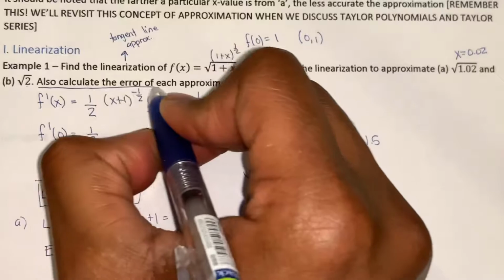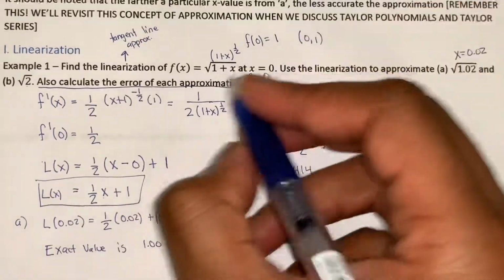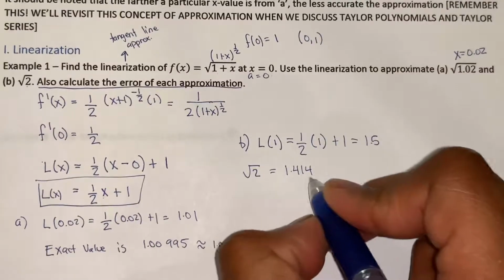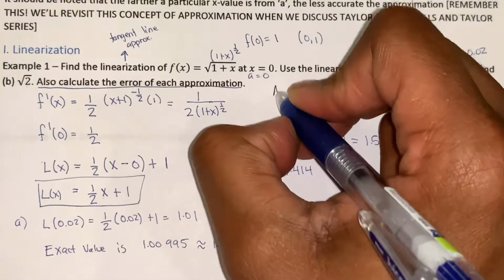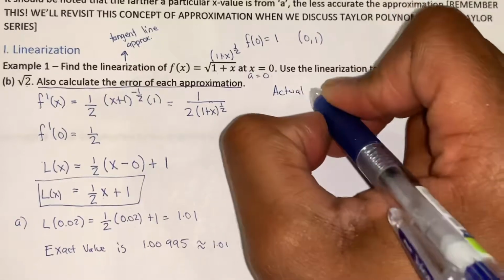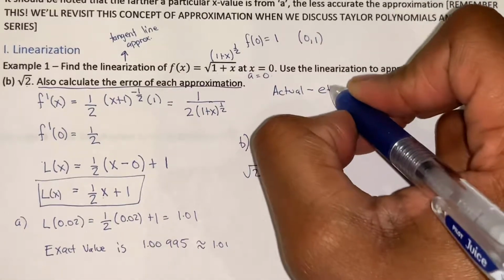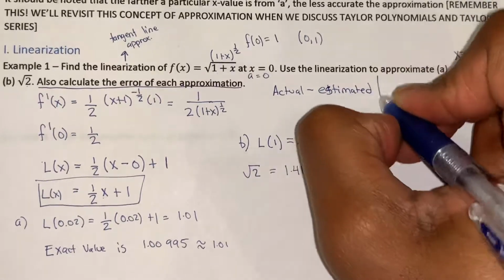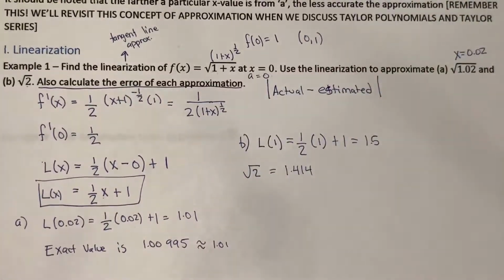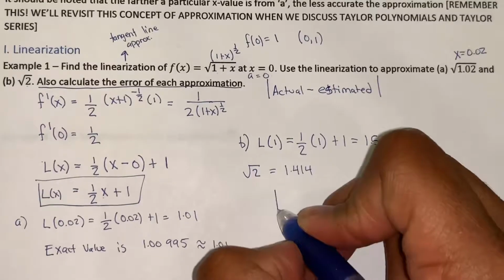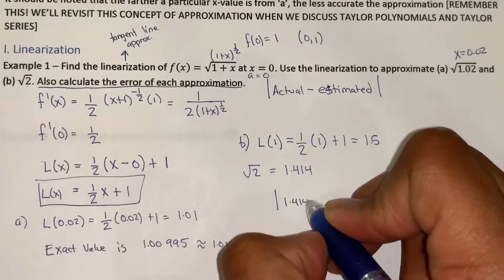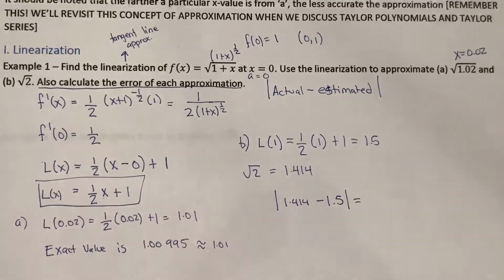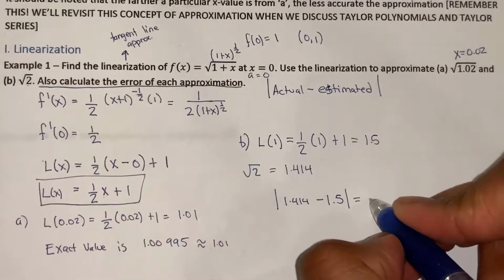So when it says calculate the error, it is the actual value minus the estimated, and we'll put that in absolute value. So the absolute value of 1.414 minus 1.5 equals, that should be 0.086.